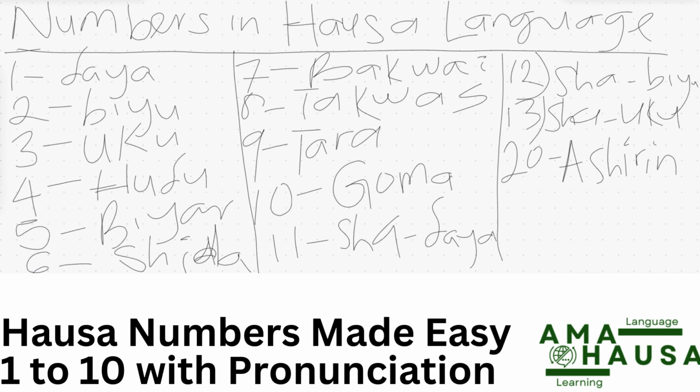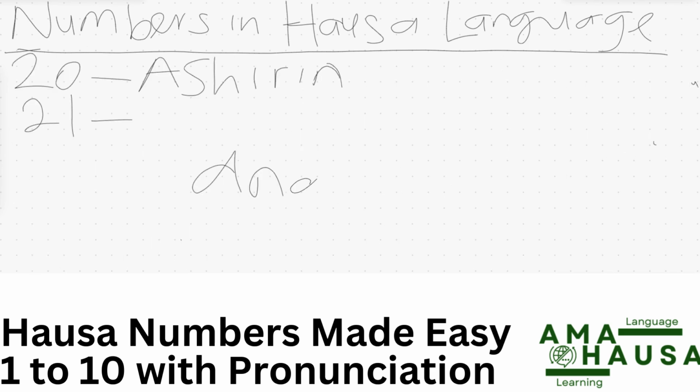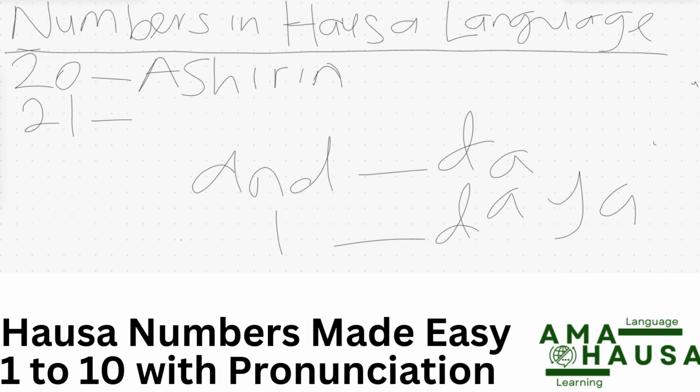In English, we say 21, but in Hausa, we say 20 and 1. And the word and is da, and we know daya is 1 already. So 21 will be what? Ashirin da daya.